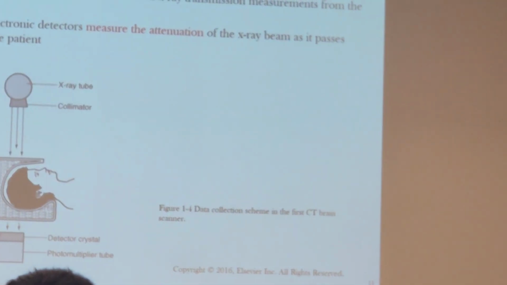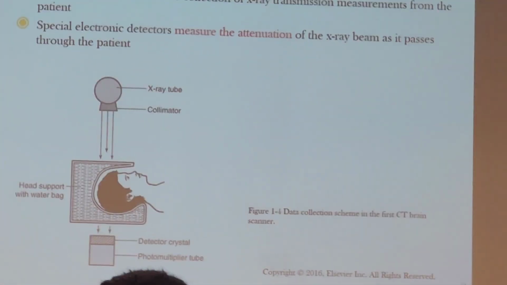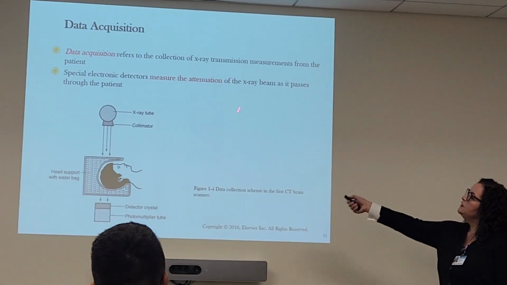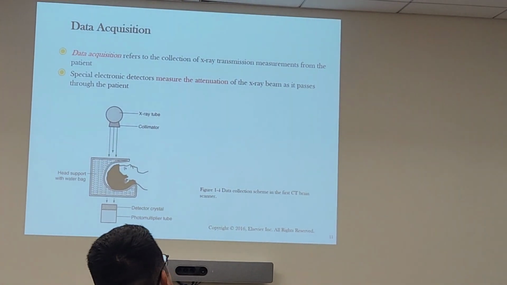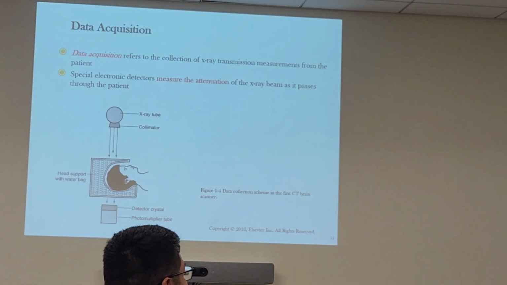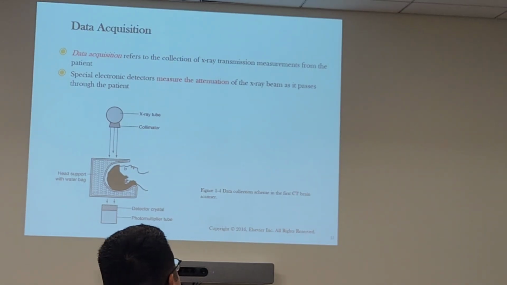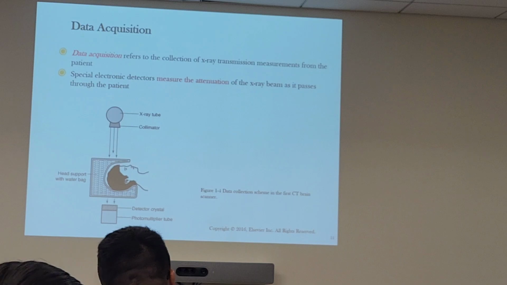We're just talking about attenuation and the terminology here. The different detectors measure the attenuation, how much energy is being received or collected here. Because some of the energy has been absorbed by the patient, or is being scattered or weakened, it's not going to be the same type of energy that was emitted in the X-ray.